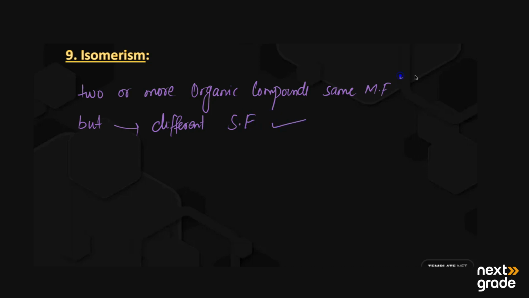So this is mainly the phenomenon known as isomerism, and the example for this we have, for example, dimethyl ether.